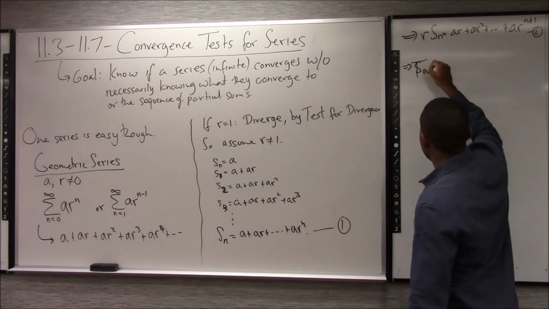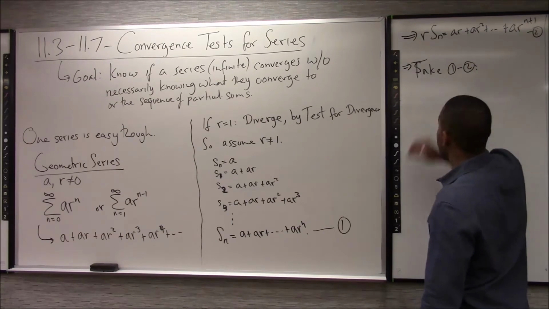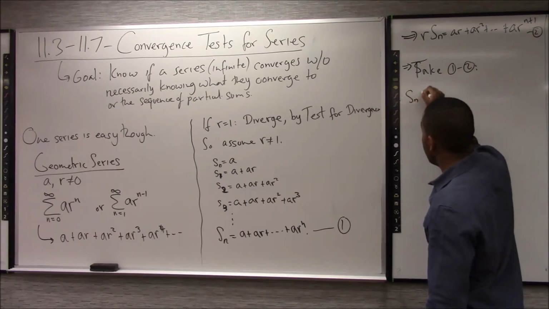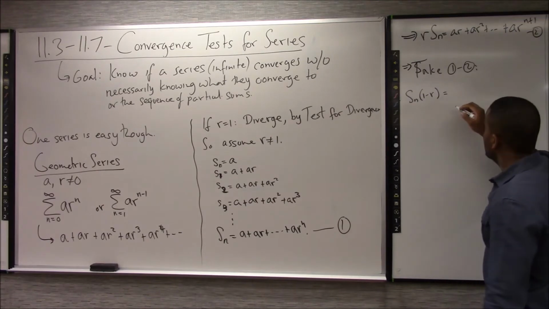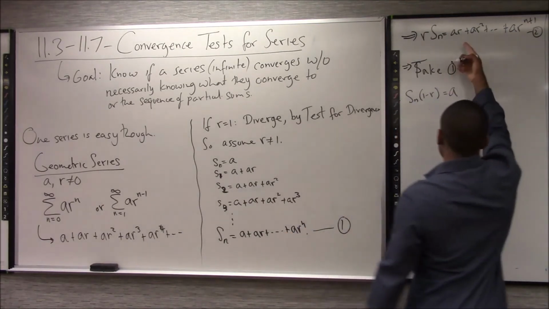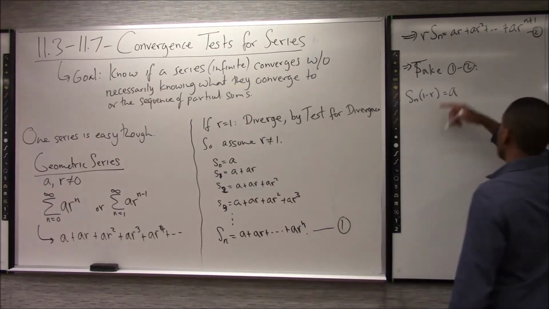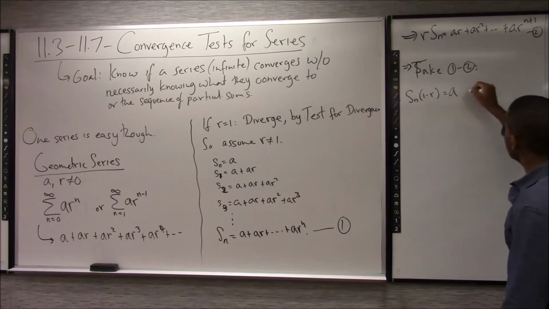So if I take 1 minus 2, what I end up with is Sn times 1 minus r is going to be equal to a, and then ar minus ar squared minus and so on. Everything is going to be subtracted except this last one.